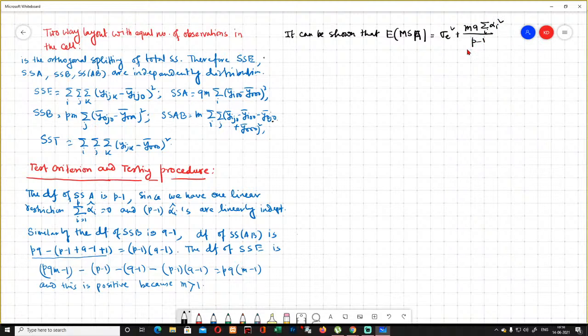Please do it yourself. This is your homework, and I think you knew the definition. MSA is nothing but SSA by corresponding degrees of freedom, where it is P minus 1. So MSA is SSA by its degrees of freedom, that is P minus 1.